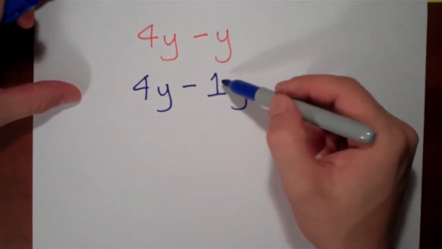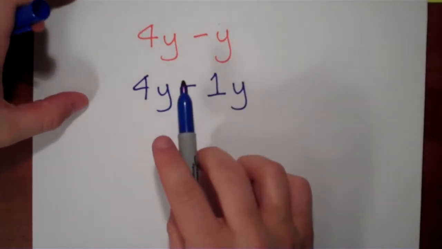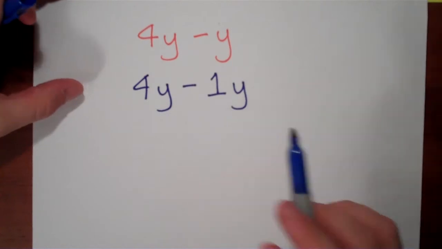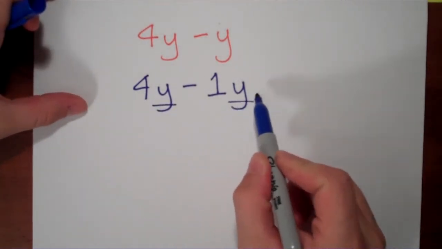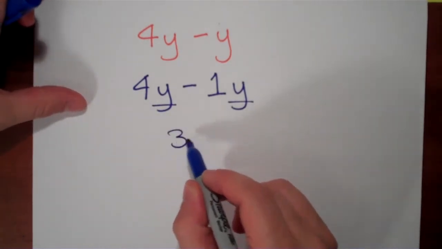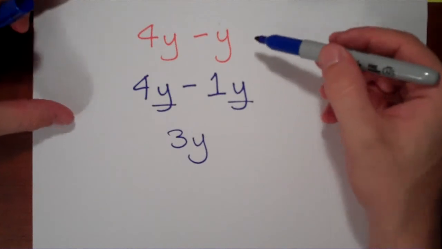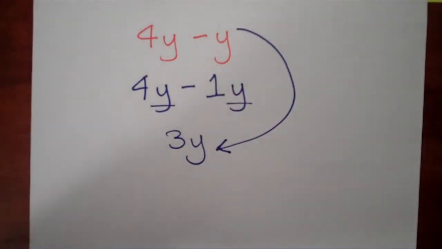Any variable times 1 is the same variable. 4y minus y equals 4y minus 1y. So really, like terms, right? Variables the same to the same power. I can do 4 minus 1, which will give me 3y. So we've just simplified this expression from 4y minus y down to 3y. Pretty simple.